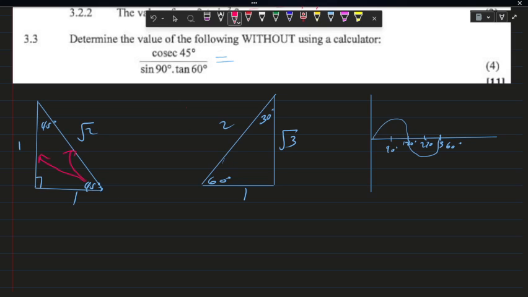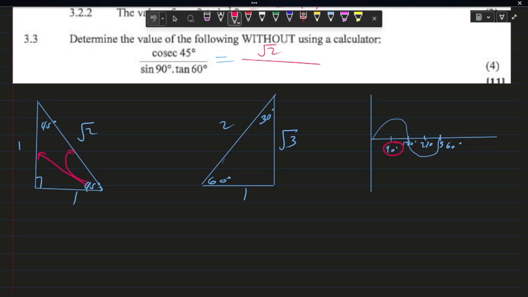But because we are looking for the reciprocal, cosec, we have to flip things around, so it will be hypotenuse over the opposite side. So it will be root 2 over 1, which is equal to root 2.